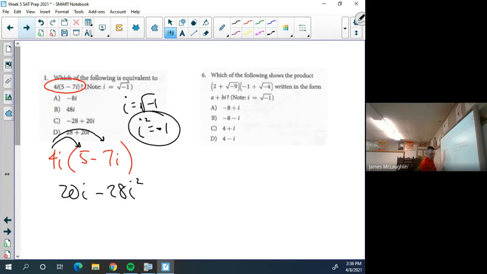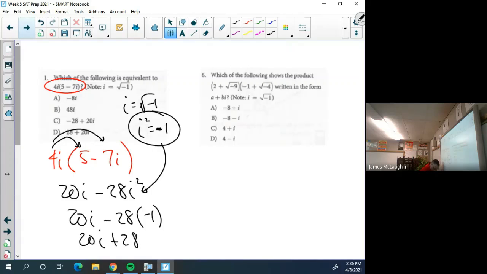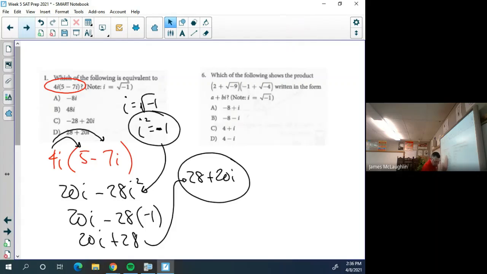So if i squared is equal to -1, we could use that right here. So we got 20i minus 28 times -1. So we got 20i plus 28. Again, if you want to put in the proper form there, number first, 28, i part second, 28 plus 20i. Looks like it's right there in letter D.